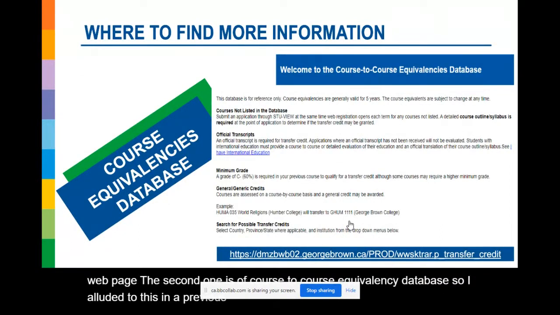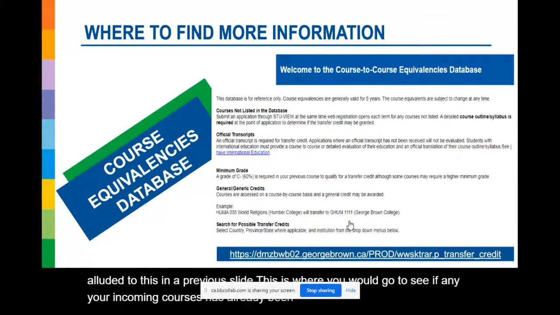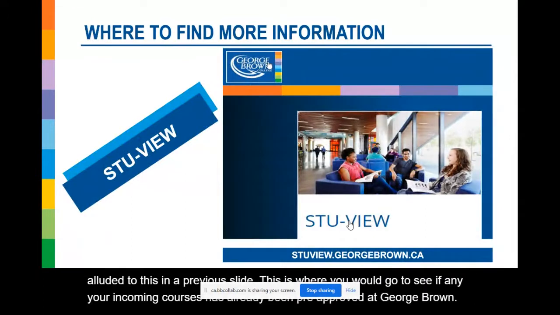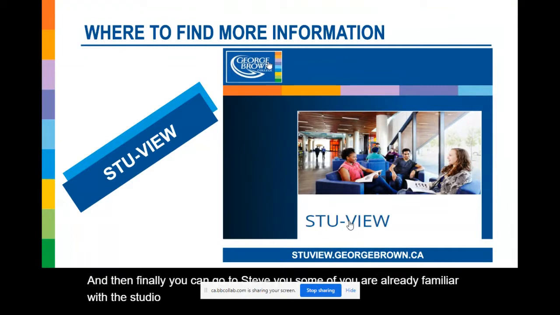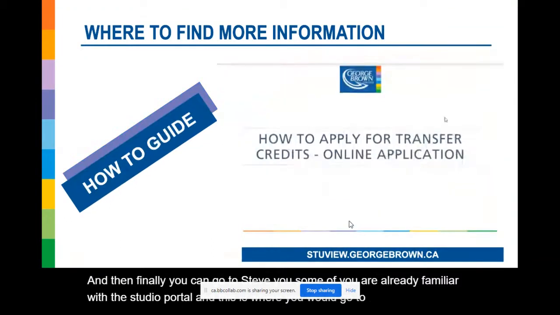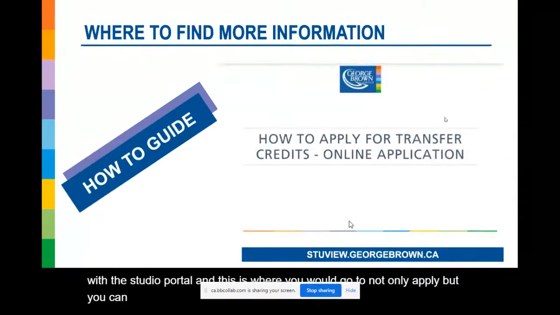This is where you would go to see if any of your incoming courses has already been pre-approved at George Brown. And finally, you can go to StuView. Some of you are already familiar with the StuView portal, and this is where you would go to not only apply, but you can also view our new updated how-to guide for applying for transfer credits online.